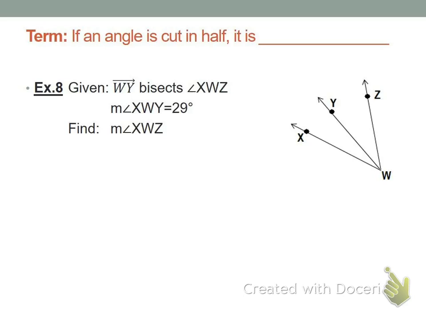If an angle is cut in half, it is bisected. Not really a brand new term, but we haven't done it with angles just yet. So we are told on example 8 that the ray WY bisects angle XWZ.